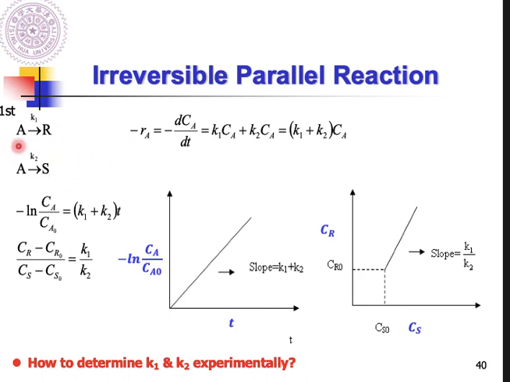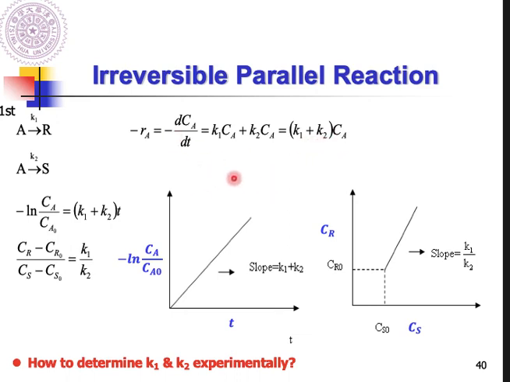Based on these equations, we can write the consumption rate of reactant A as minus dCA over dt, which equals K1 CA plus K2 CA. Put the CA together and you get K1 plus K2 times CA.